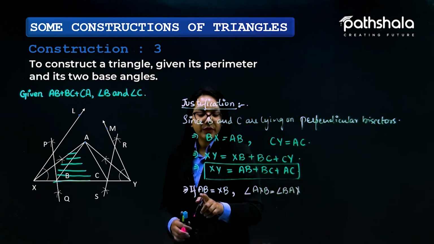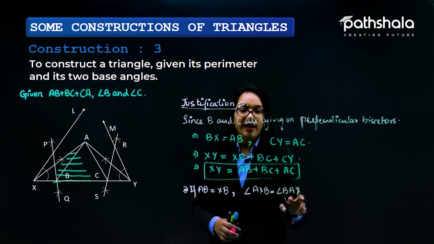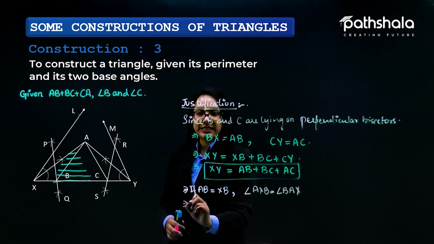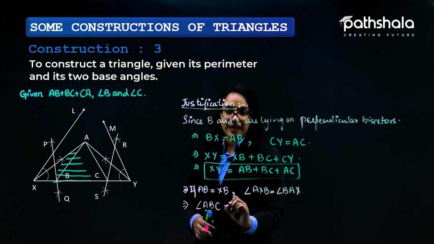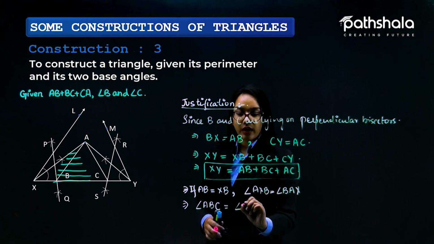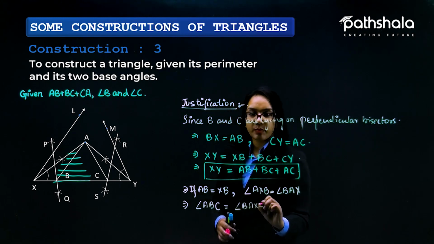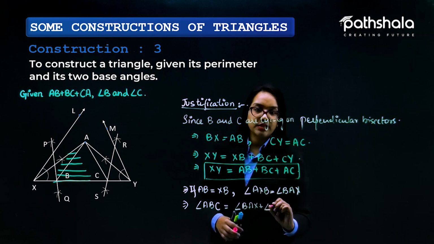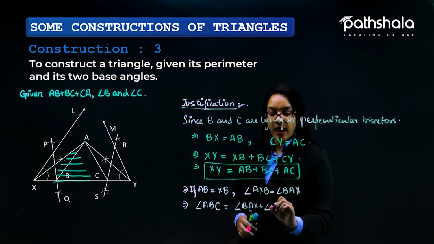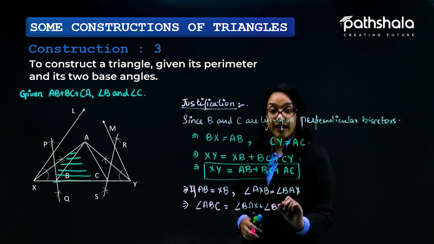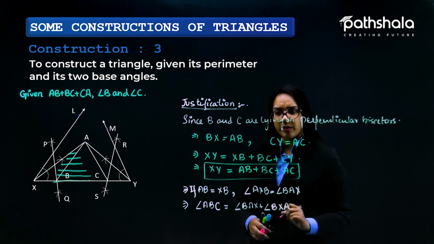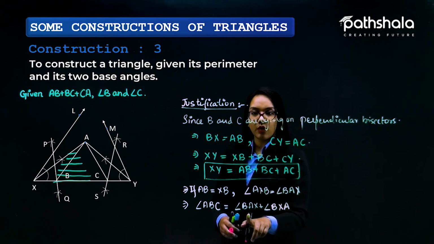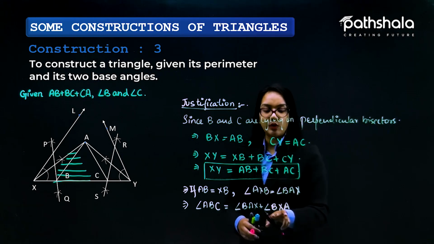And further, if these two angles are equal to each other, then we can say that the angle ABC is equal to the sum of the angle BAX plus the angle BXA. We can write it in this particular formation.